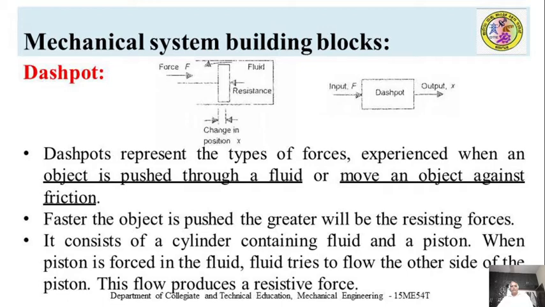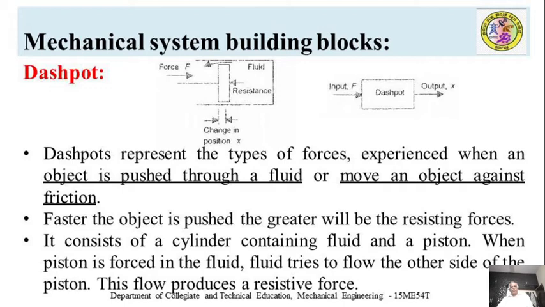So more the speed of pushing the object, more will be the resisting forces. So faster the object is pushed, greater will be the resisting forces. So dashpot means it consists of a cylinder containing fluid and a piston. So when the fluid is pushed by the piston, fluid tries to flow out.